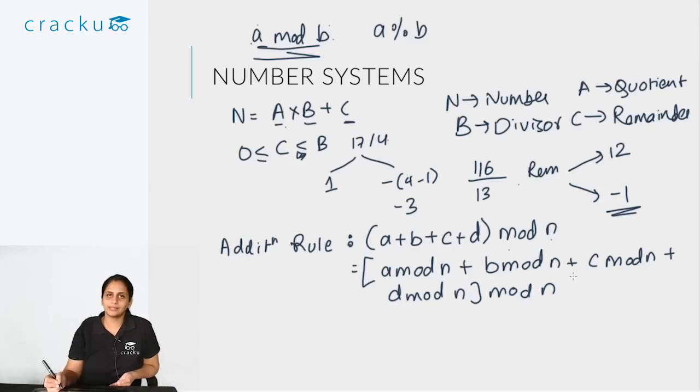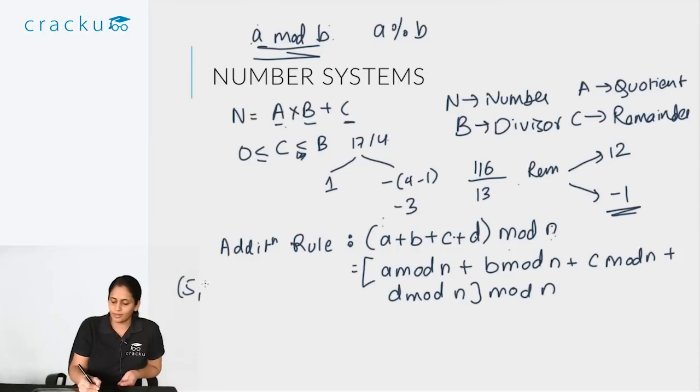Imagine the case when A, B, C and D are just one above a multiple of n. Suppose this is n plus 1, this is 2n plus 1, this is 3n plus 1, this is 4n plus 1. Say n is 4, and take the example of 5 plus 9 plus 13 plus 17, mod 4. Now if I take mod 4 inside, I get 1 plus 1 plus 1 plus 1.